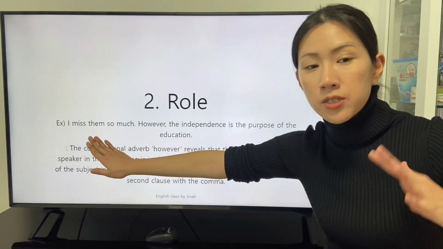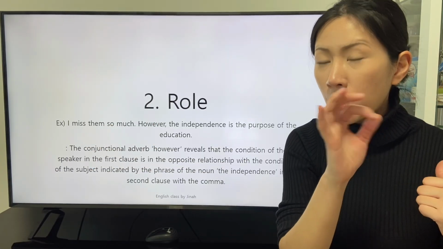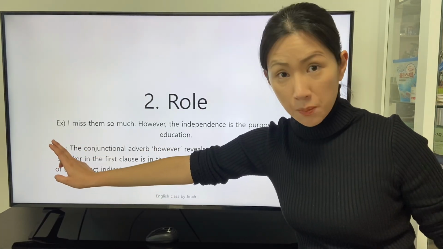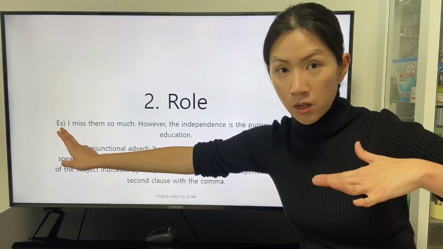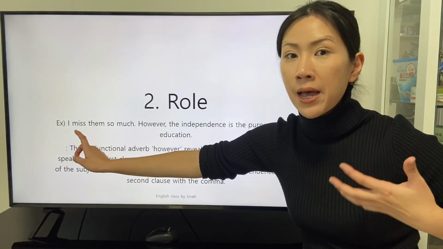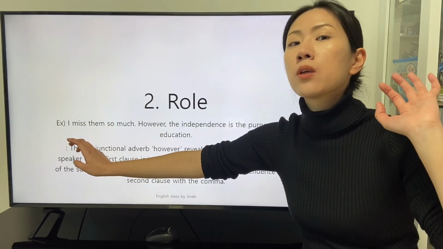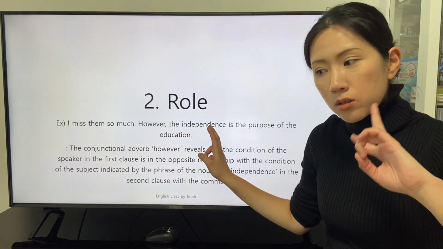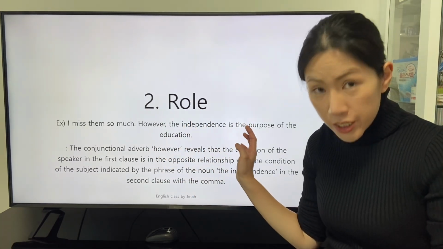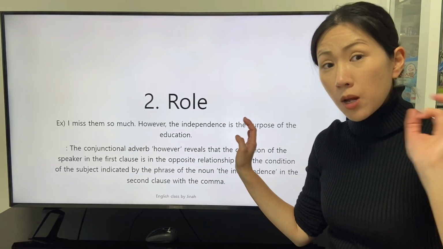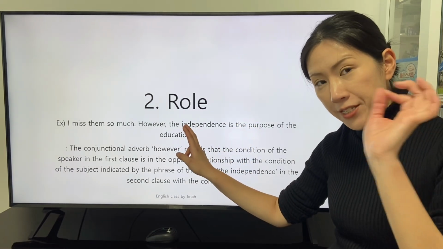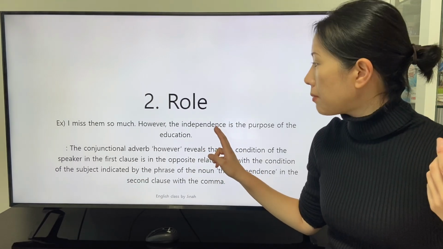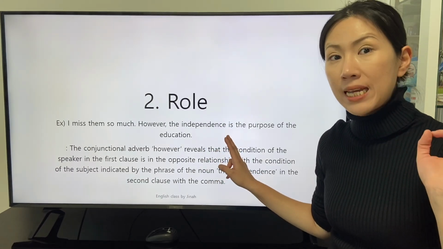The first clause is about the condition of the speaker. The condition of the subject, who is the speaker of this clause, is described by the transitive verb miss. And the condition of the subject indicated by the phrase of the noun, the independence, is described by the be verb is.